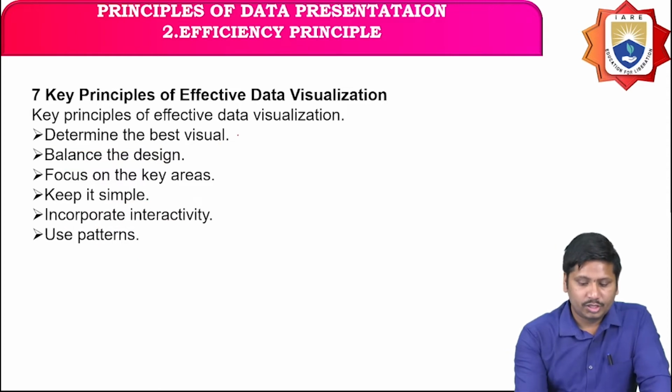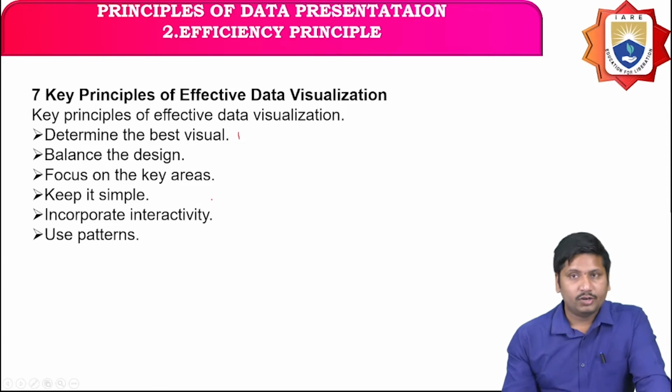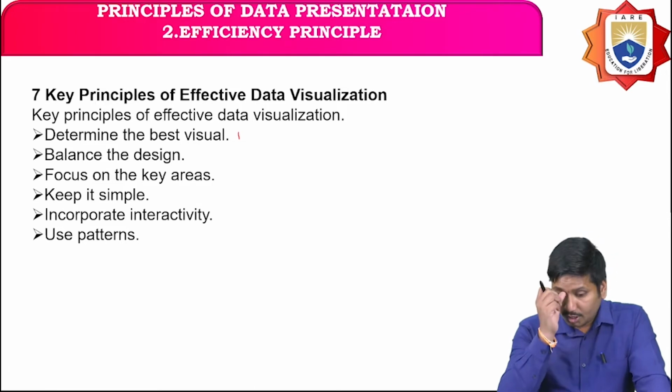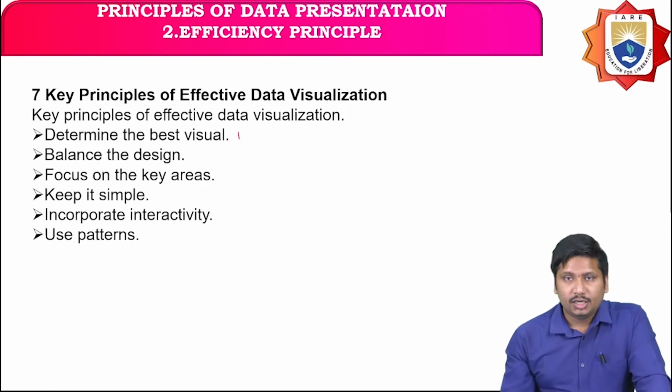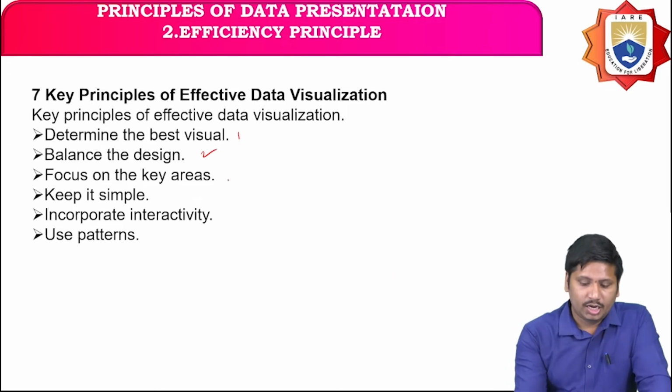The very first one is determine the best visual. Since we have different types of visuals like graphs and charts, we have to identify which visual is best for presenting the data. Then balance the design, so the design should also be balanced, and then focus on the key areas only.